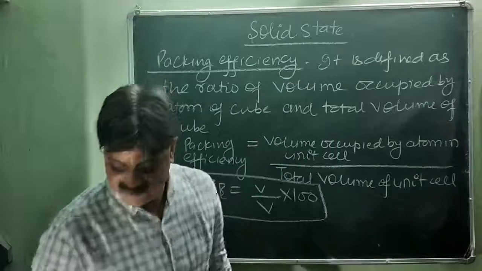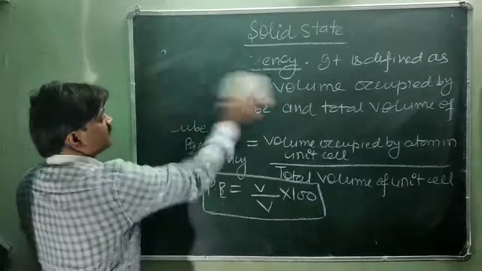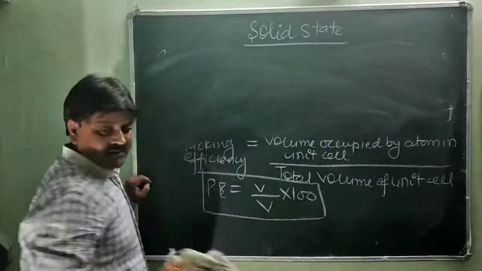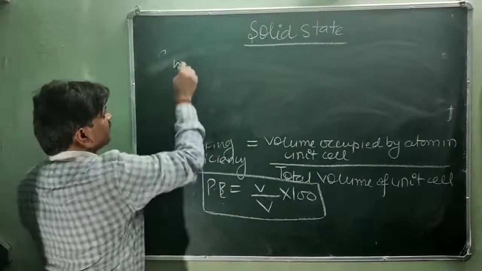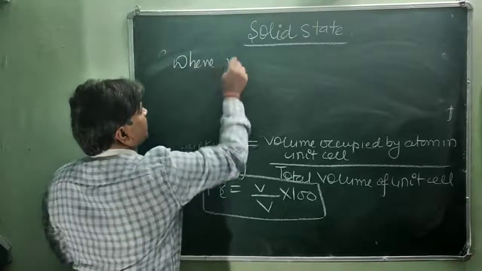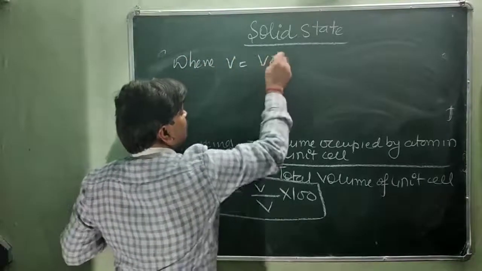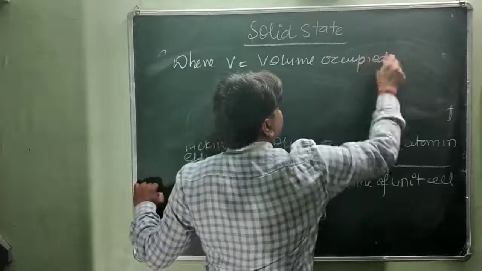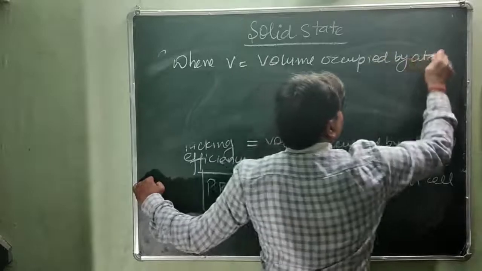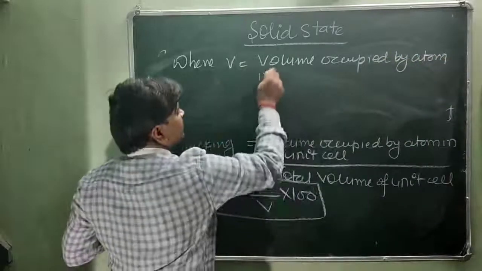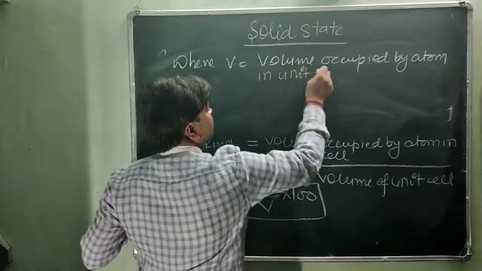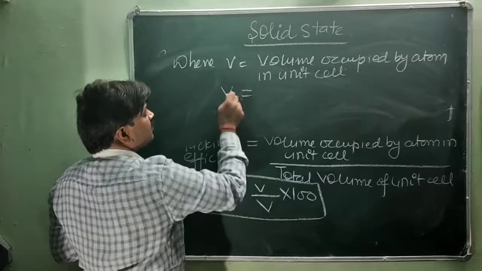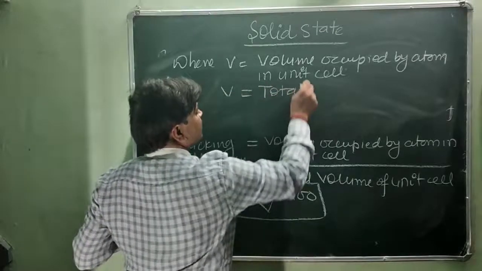So we can write here: small v is equal to the volume occupied by atoms in the unit cell and capital V is equal to the total volume of the unit cell.